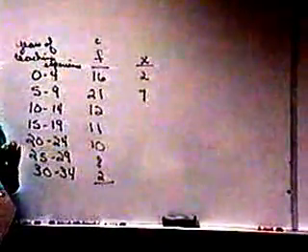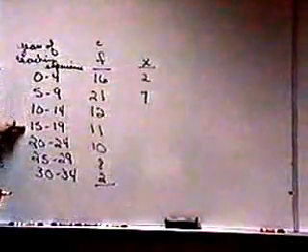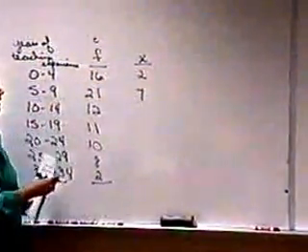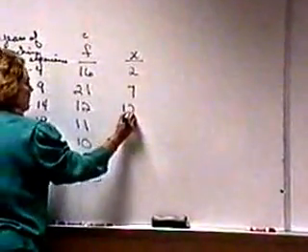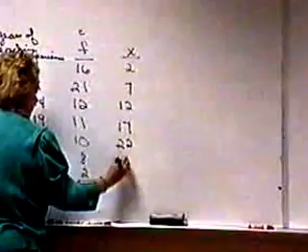Another way, after you've found one midpoint, is to remember that the interval is 5. The interval has to be 5 between each midpoint. So I can just add 5 and get each midpoint after I find the first midpoint.